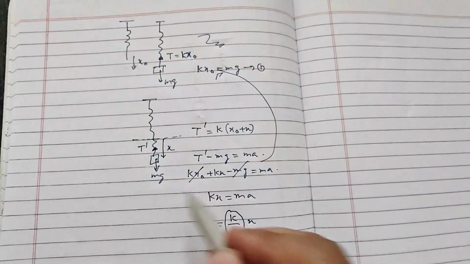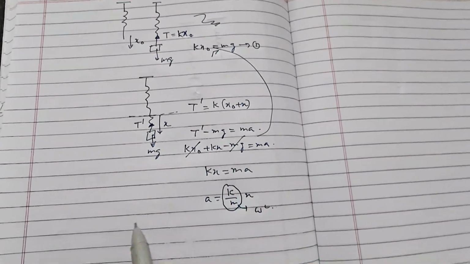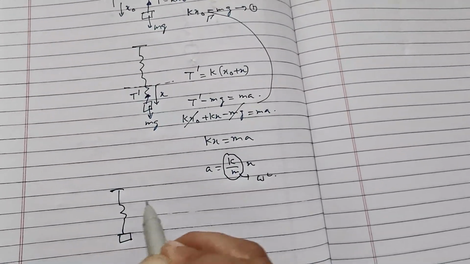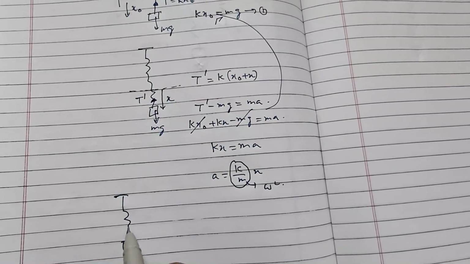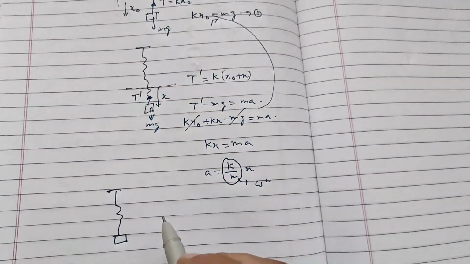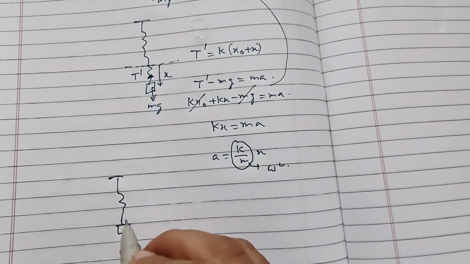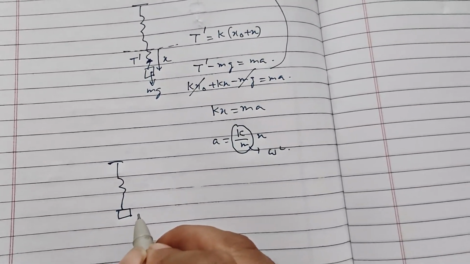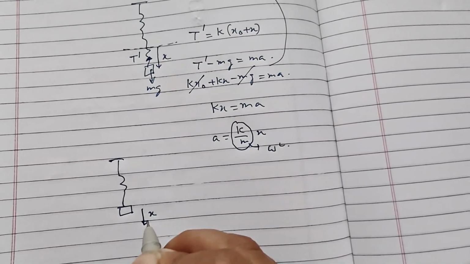So instead of doing so much calculation, what we will try to remember is, whenever a spring is kept vertically in equilibrium, we already know mg is balanced by some initial tension here. So whenever springs are vertical or at an angle, we will pull this block from equilibrium by x.